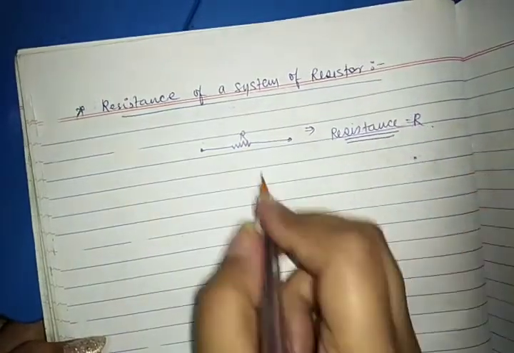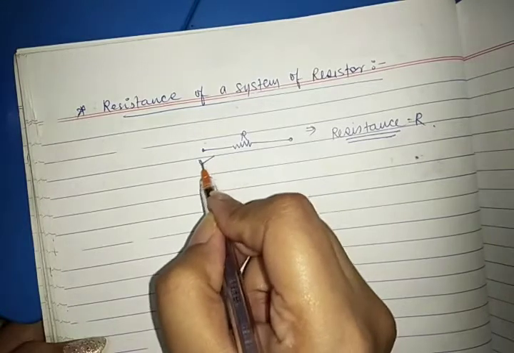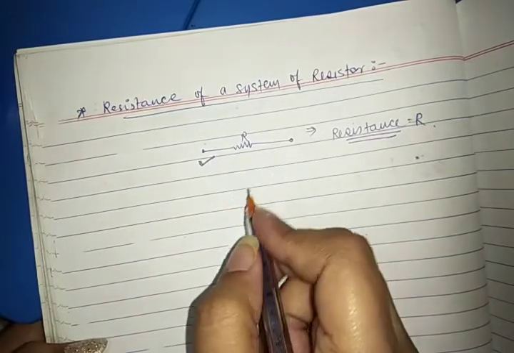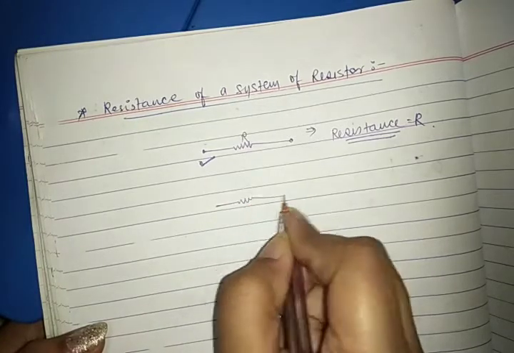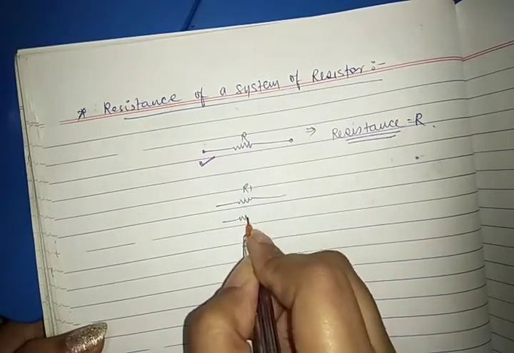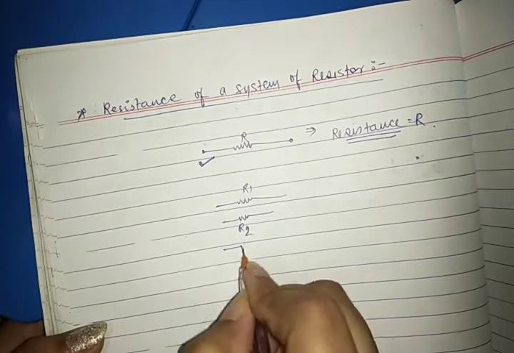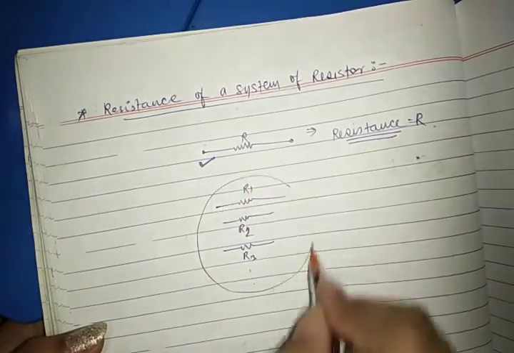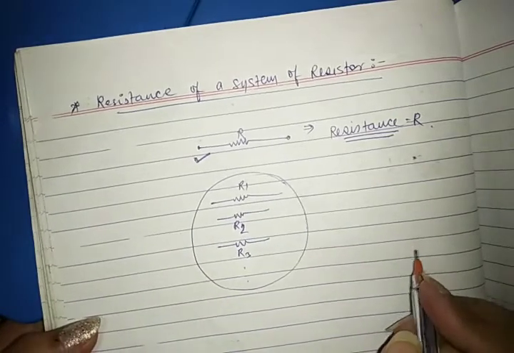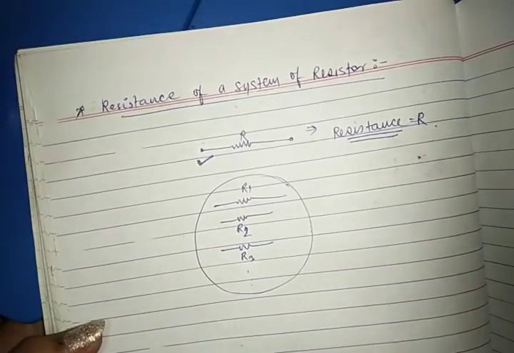But what if we do not have only a single resistor, we have a system of resistors? A system of resistors means we have R1, R2, R3 and so on, and these resistors are connected in different ways.